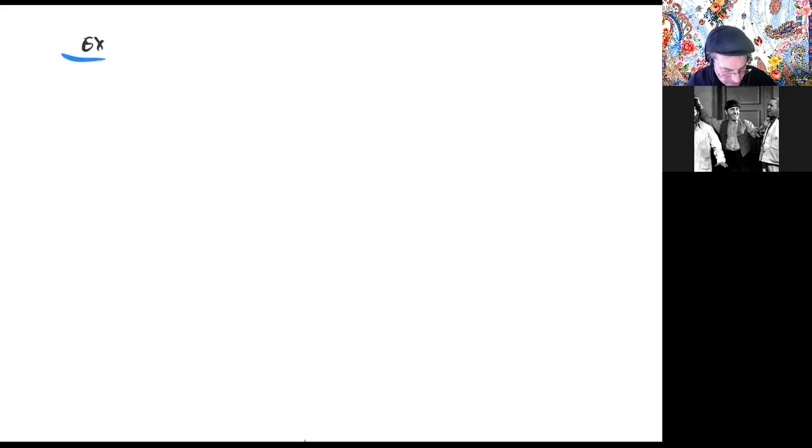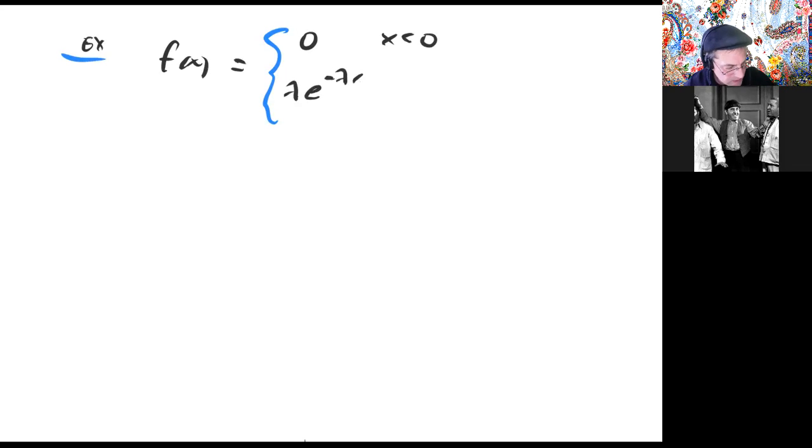Let's look at f of x equals 0 if x is less than 0, and lambda e to the minus lambda x if x is greater than or equal to 0. And here lambda is some real number that's non-negative.